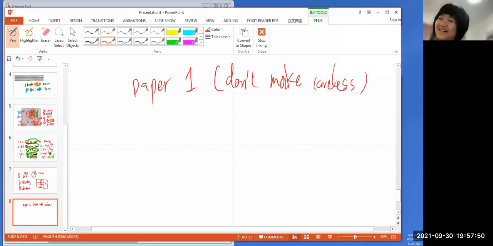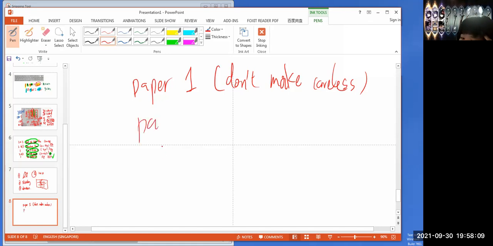Read the question carefully. Read what the question is asking. Not like, oh, the question is asking for 1 square, you give 2 squares. Got it? Okay, don't make those mistakes.